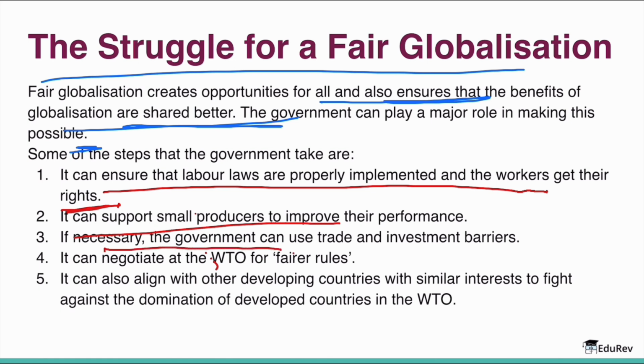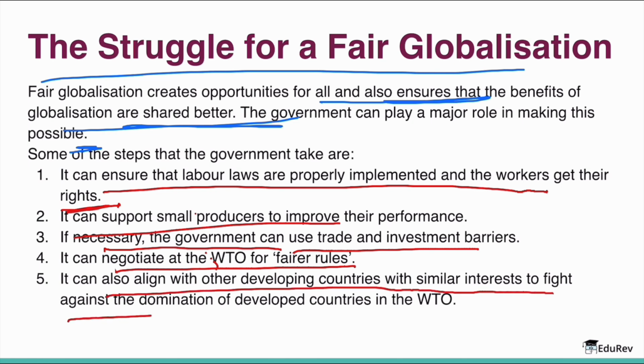If necessary, the government can use trade and investment barriers. It can negotiate with the World Trade Organization for fairer rules. It can also align with other developing countries with similar interests to fight against the domination of developed countries in the World Trade Organization. So, this is what the government can do to play a major role in making fair globalization possible.